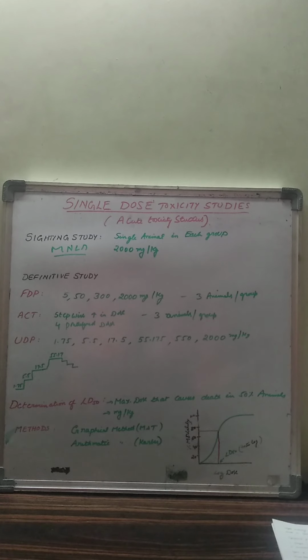Before proceeding to any of these main tests or the definitive study, first you have to perform a sighting study, or a preliminary study, in order to determine the MNLD, that is the maximum non-lethal dose. For that, generally single animals can be used for each dose.